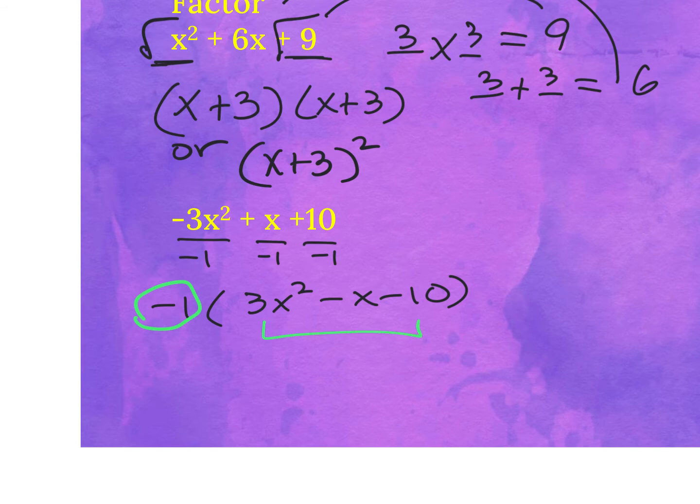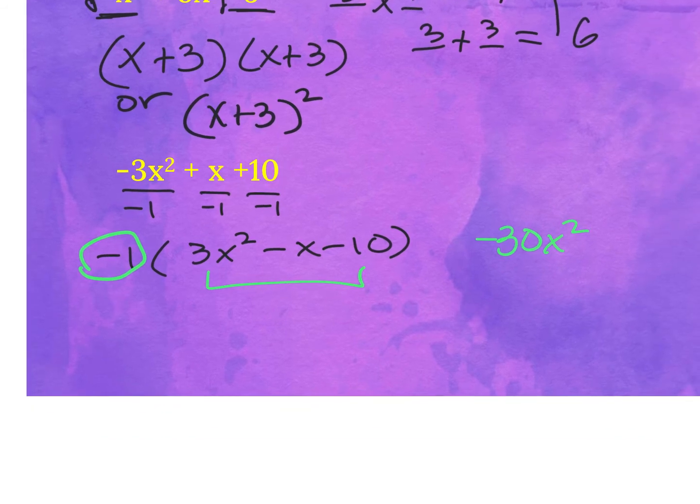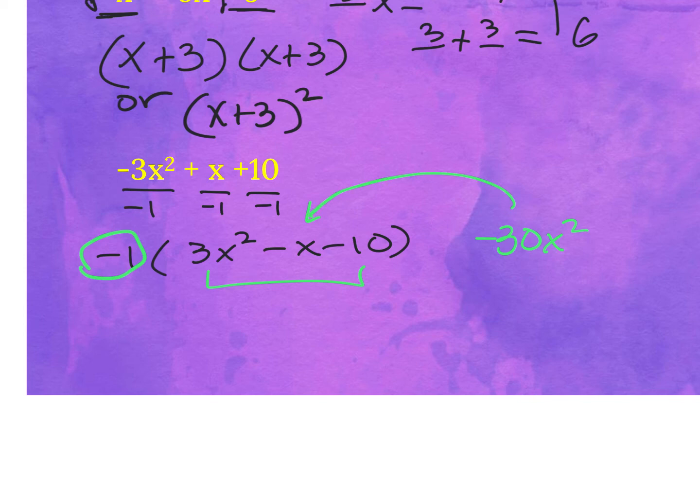So we're going to multiply the beginning and the end. We're looking for factors of negative 30x squared that will give me negative 1. Again, when this middle number is a 1 or a negative 1, that's a clue that the two numbers you're looking for are going to be side by side. And if you think about it, factors of 30 could be 5 and 6, but one's got to be negative, and the bigger number is the negative.